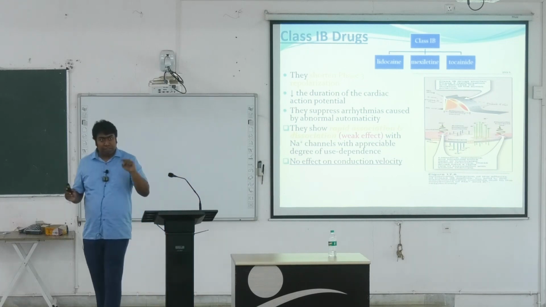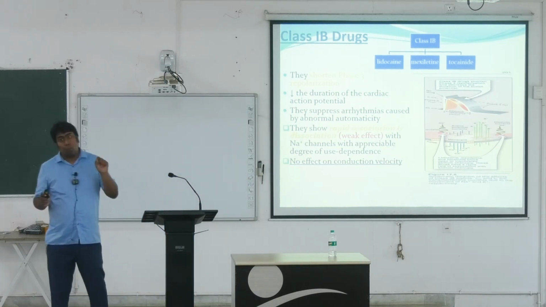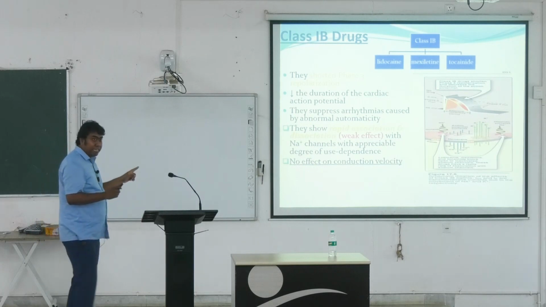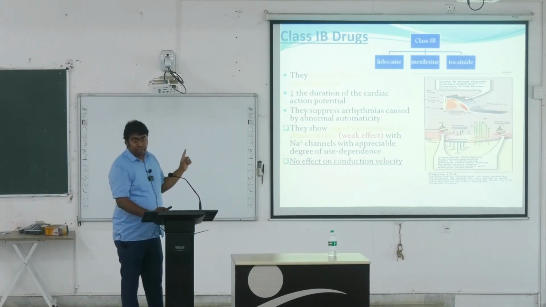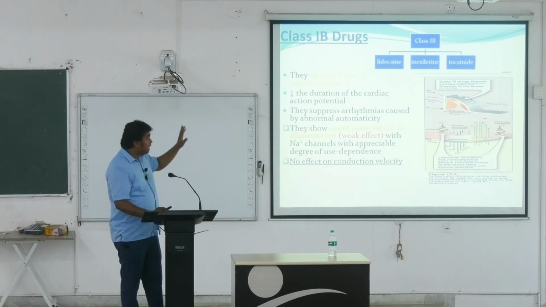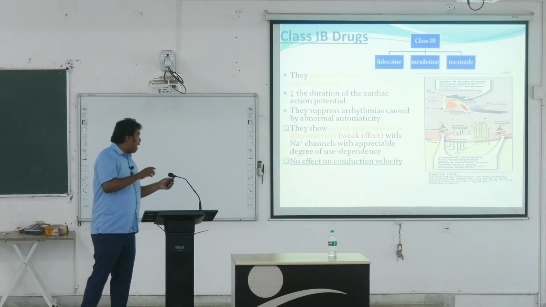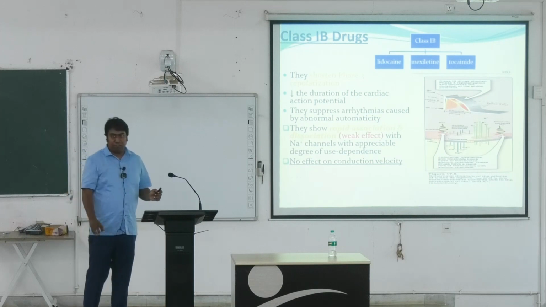Another thing, who has no effect on conduction velocity? Which is the 1B drug? Remember the first drug and you will remember the rest. Lignocaine is the class 1B. They have no effect on the conduction velocity.